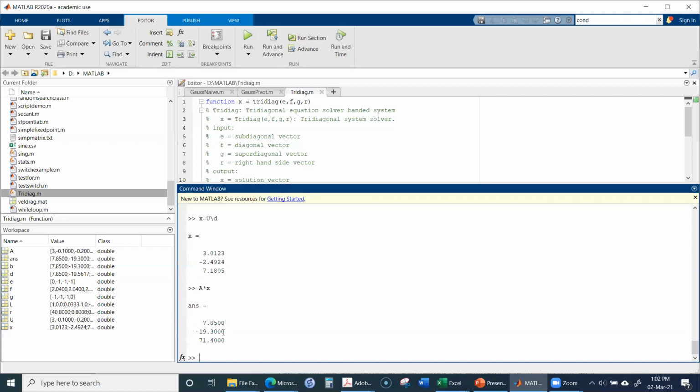Somehow the original solution we got was 3, minus 2.49 and 7.18. I think some round-off errors are coming over here for some strange reason. But anyway, the solution is correct. So this is how you use the LU decomposition in MATLAB.